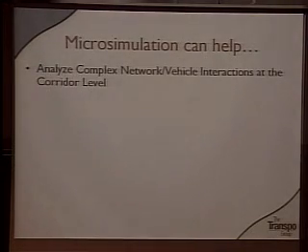Microsimulation can help in a number of ways when dealing with the study of large freeway corridors, because it allows for analyzing some very complex network vehicle interactions at the corridor level, which is really hard to do with other methods.